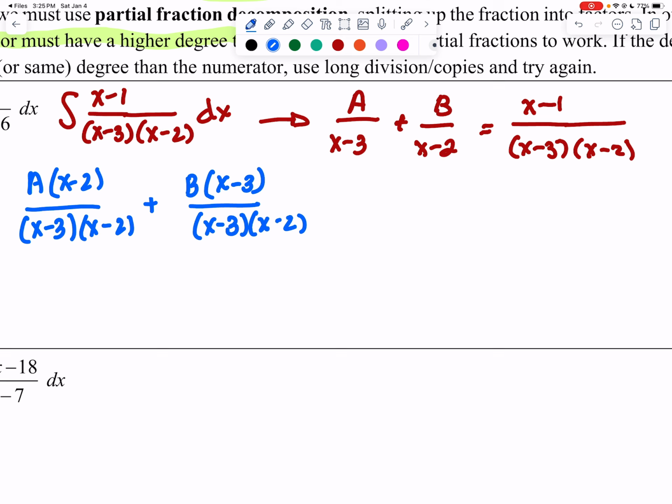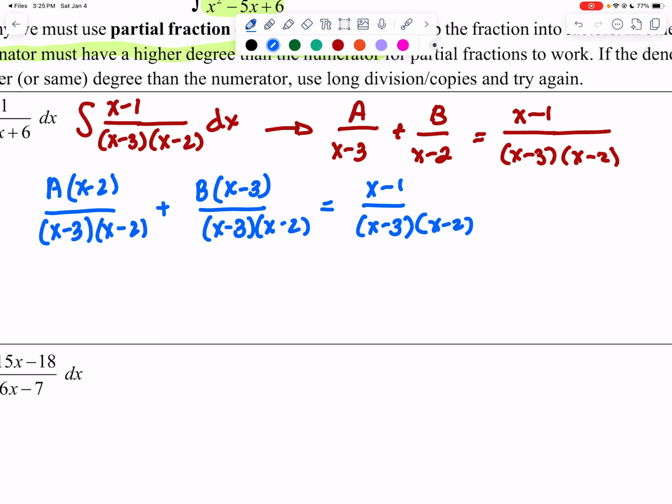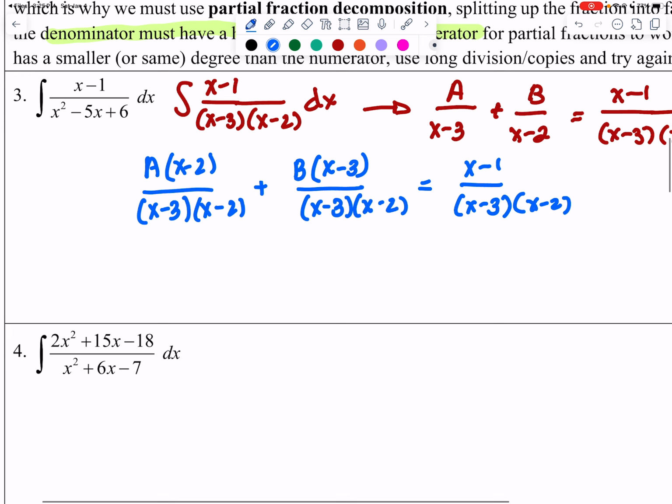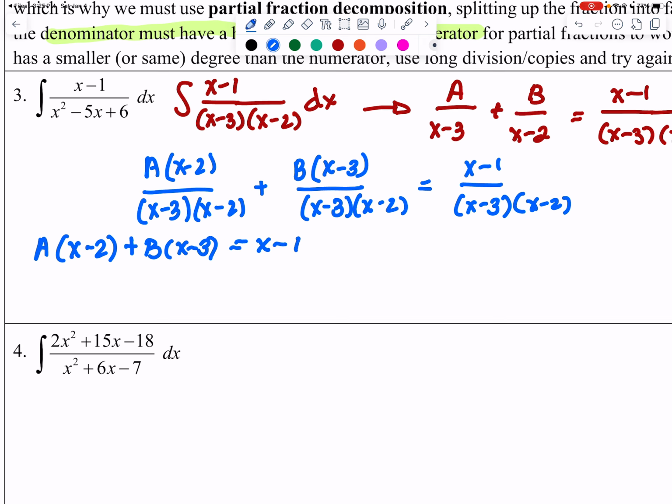Now, you'll realize immediately that because my denominators are all the same, I could just ignore that, and I could just look at my numerators. So I just have A(x minus 2) plus B(x minus 3) is equal to x minus 1.